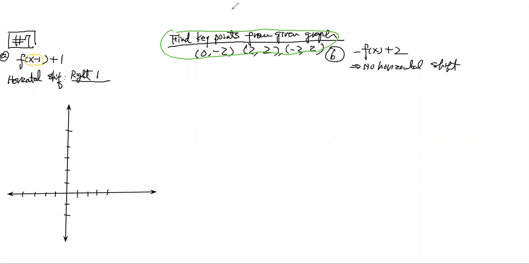Okay, so my original points, I'm going to plot them: 0, negative 2, and 2, 2, and negative 2, 2, right? Those are my original points. I cannot draw very well, so I put them in dotted lines here. I'm going to do the same thing for this graph here.